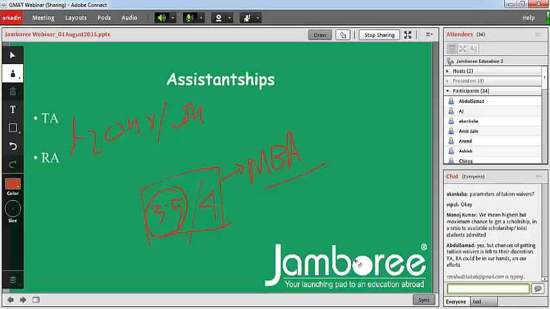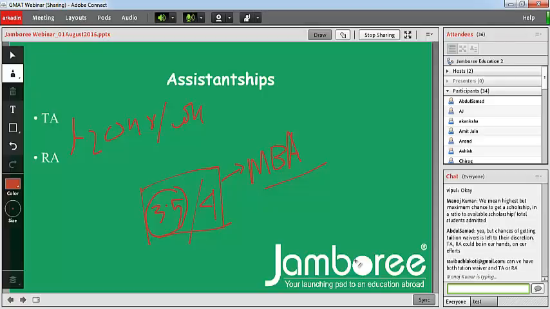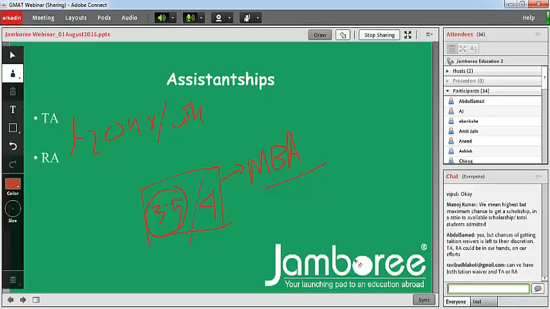HEC Paris used to give a 20-30% tuition waiver to almost everybody, but that is again no longer the case. So the numbers keep changing. But given the current economic scenario, the US universities remain the most liberal in giving scholarships.